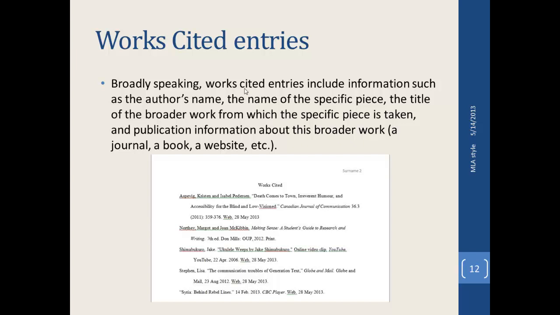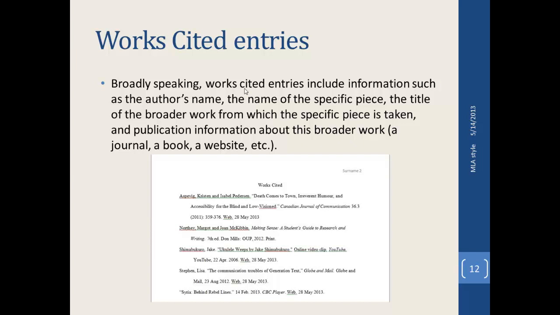So it has to contain enough information that in the wealth of information that we have in the world, on the web, in journals, in books, in the form of DVDs or videos, audio recordings, newspapers, your reader can not only know exactly what type of source you're citing, but exactly where to find it. And perhaps more importantly as well, the version that you looked at, because these things do change, particularly on the web.